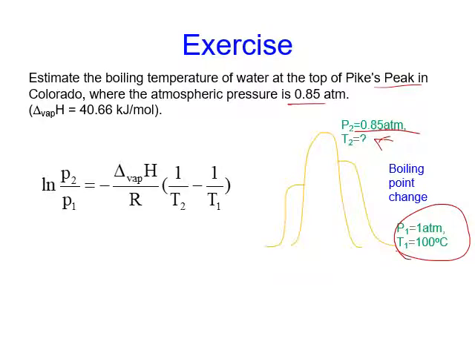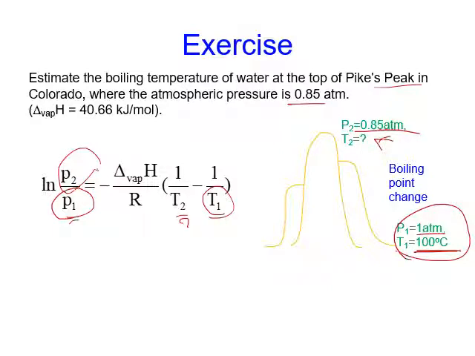Clausius-Clapeyron tells us that boiling point and the pressure are related by this equation. So in this equation, T1 is 100 degrees, you need to change to Kelvin, and the P1 is 1 atmosphere. All right. Now we know one point on the phase boundary. The second point on the top of the mountain, we know pressure, which is 0.85. We want to calculate T2.